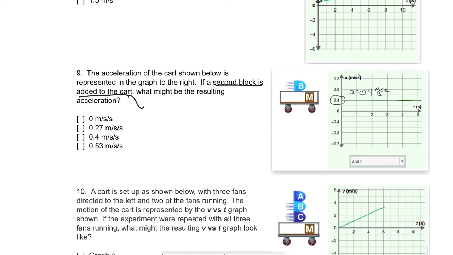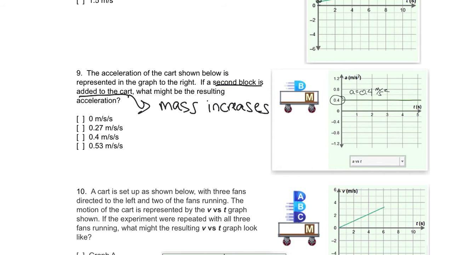So now it says if a second block is added to the cart. What does that mean? Okay, so if a second block is added to the cart, that means that the mass increases, right? Can I get some vigorous nods?